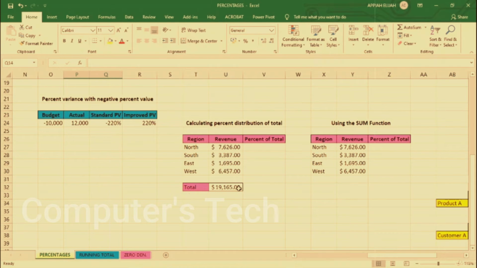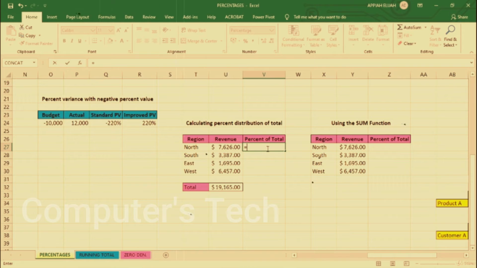So we make an absolute reference to this total, just like we were dealing with the common goal earlier on. And so here we make an absolute reference to the total and enter the formula into the cell here. Thus, as our equal sign, this value will be divided by, this is the absolute reference we are going to make use of.